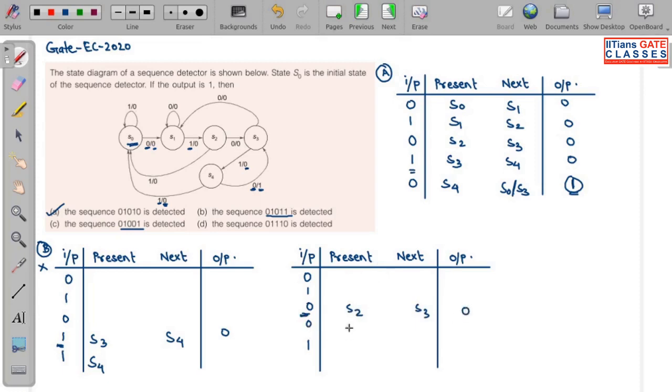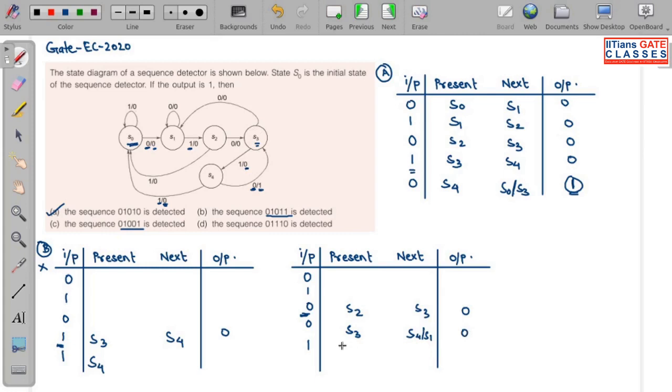Now, if my present state is S3 and I apply 0 as my input, either it will be moving to S4 or to S1. So, output will be 0, fine, output is 0.